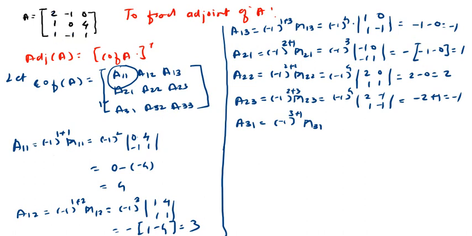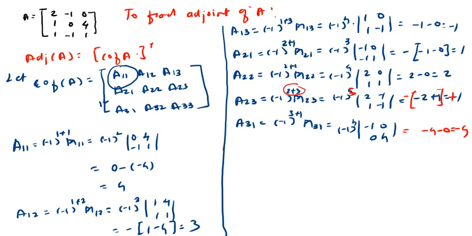So this will be minus 1 raised to 4, which is plus, and this will be the minor of the element a 3 1. So what remains? Minus 1 0 0 and 4. So let's calculate. This will be minus 4 minus 0, which is minus 4.